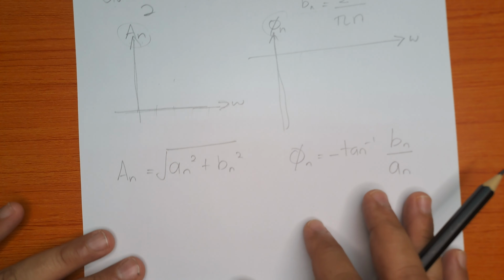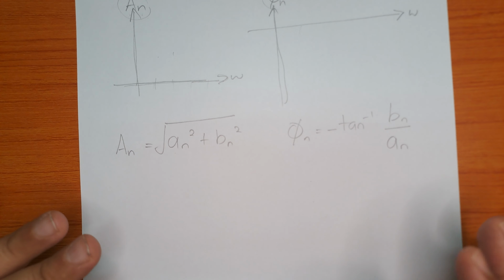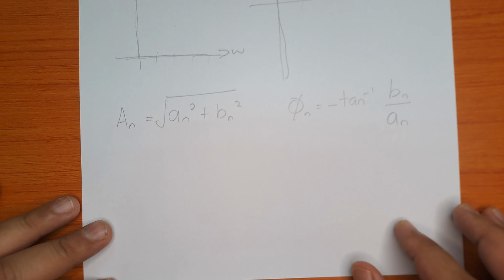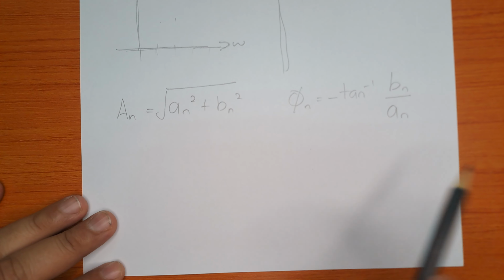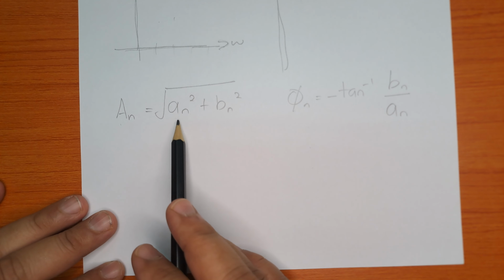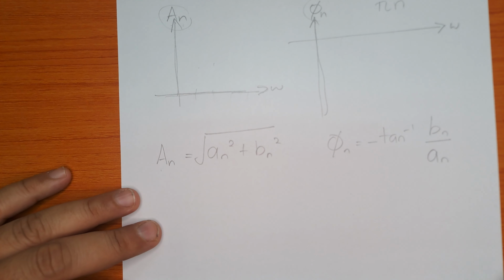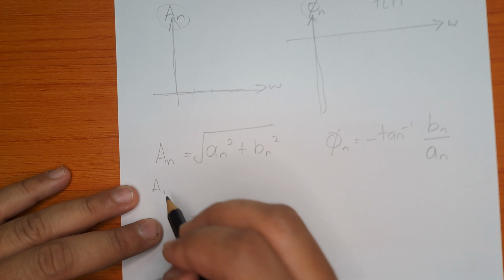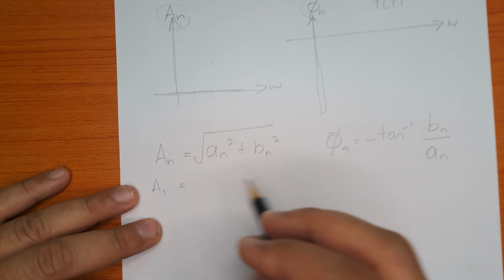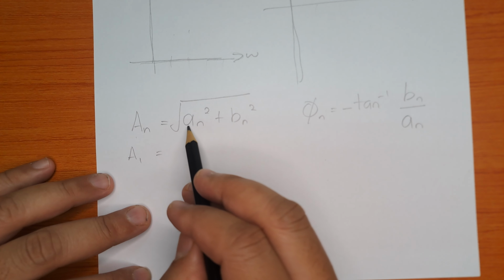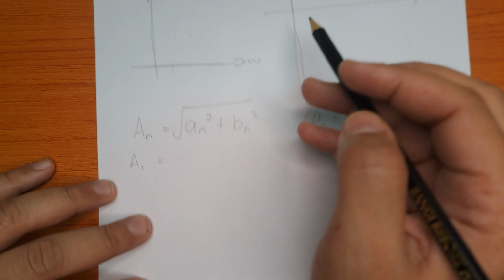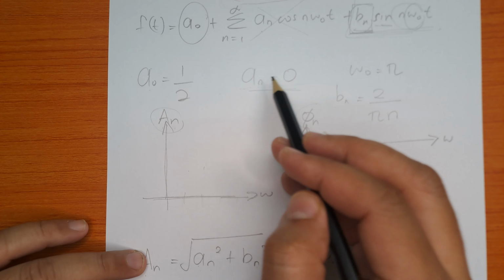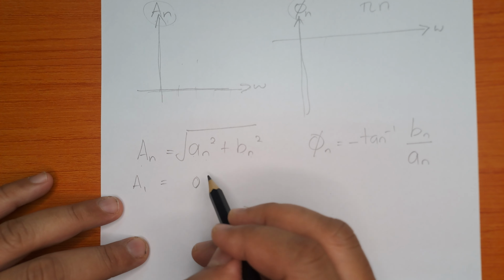So we can only plot, let's say, up to 3, just to show that this is the phase and amplitude spectrum. Now, to calculate An and phi n, first we determine an and bn. So let's calculate for A1. For A1 we have to determine an and bn, and clearly we know that an is 0 for any n value.